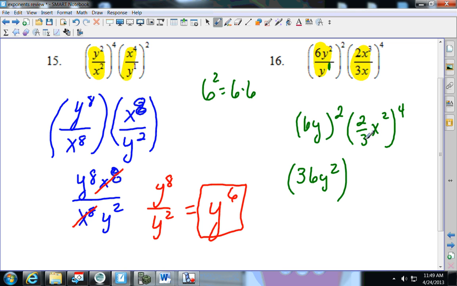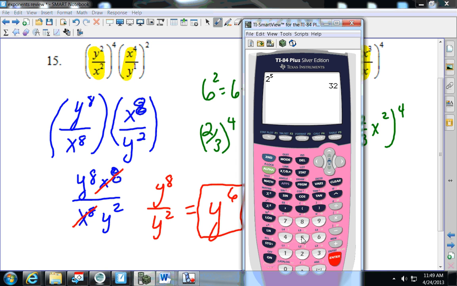Now this one here, 2/3, all of that to the 4th power. What I would do is go in my calculator, put the parentheses in there, 2 divide 3, and then use the caret button right up there above the divide sign, and put 4, and press enter. It gives you a nasty little decimal.